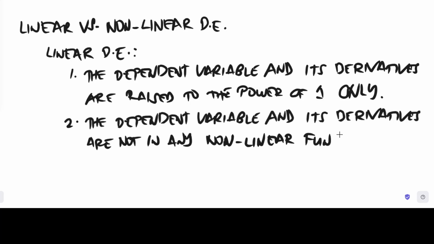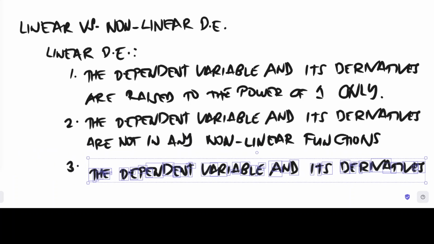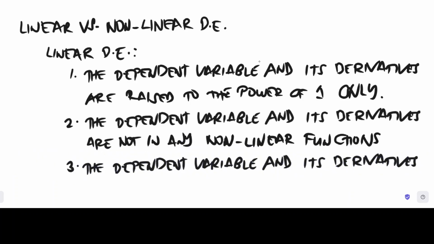Nonlinear functions include trigonometric functions, logarithmic functions, etc. And then number 3, again, the dependent variable and its derivatives are not multiplied to each other.